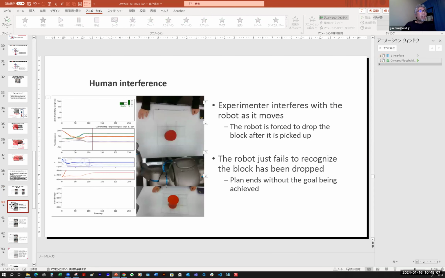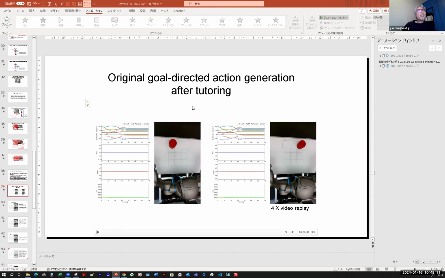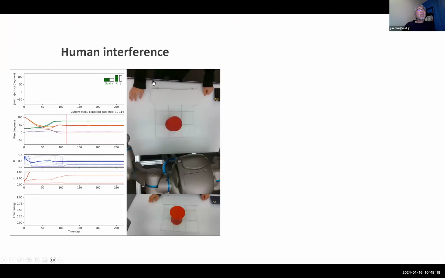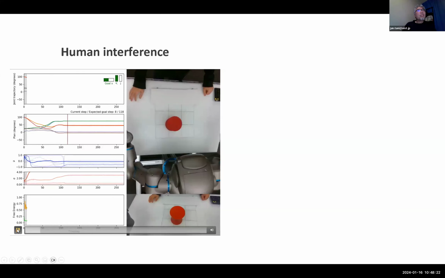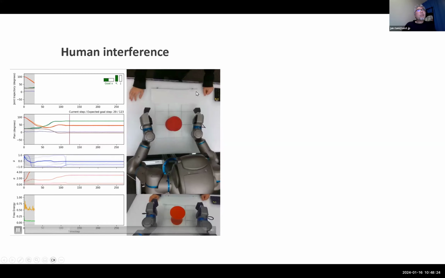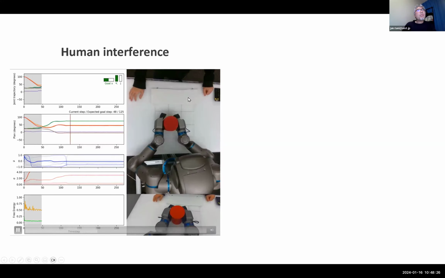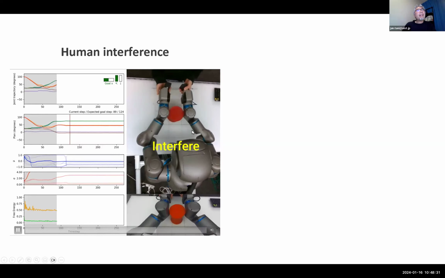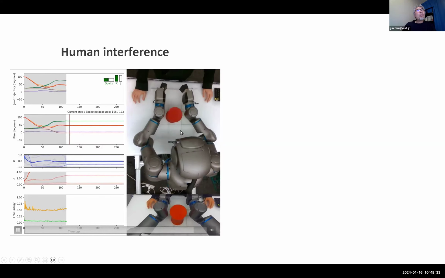So this is the original goal action planning, but now if a human interferes, the robot is going toward the specified goal, but the experimenter interferes and the object is dropped. The robot cannot do much because it doesn't know how to recover.